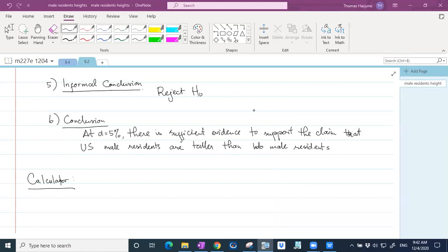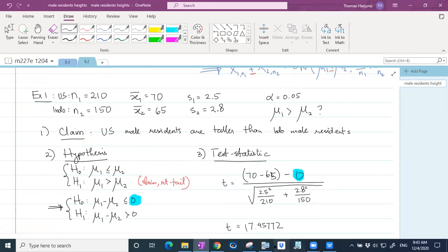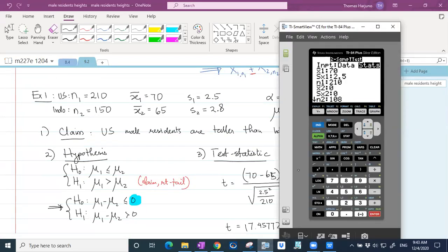And then x2 bar is 65, and then s2 will be 2.8, and n2 is 150. The test is right tail test. Don't pull it. Okay, and then calculate.